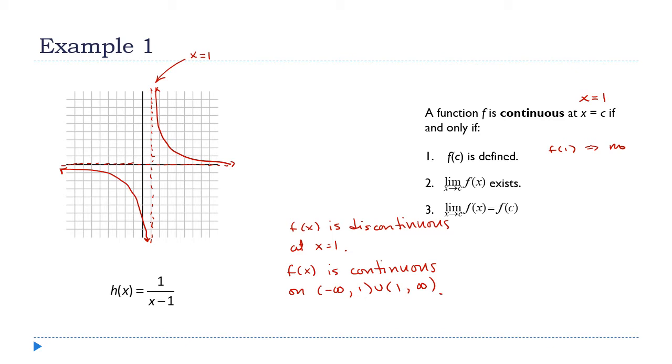Which way is correct? Well, they both mean the same thing. But when you're answering a question like this on a test, just be mindful of what the question is asking for. If the question said, where is the function discontinuous, then you're going to go with this version. If it said, where is the function continuous, then you'll go with this one.